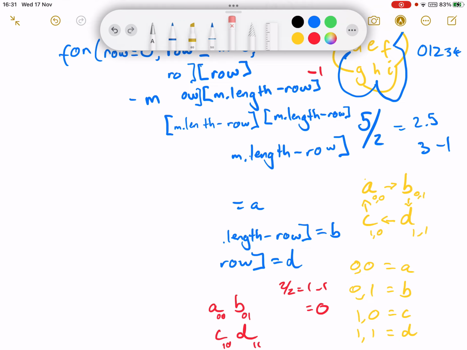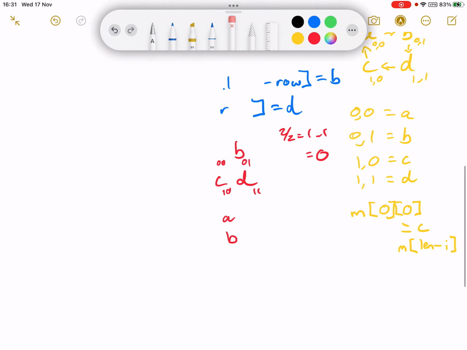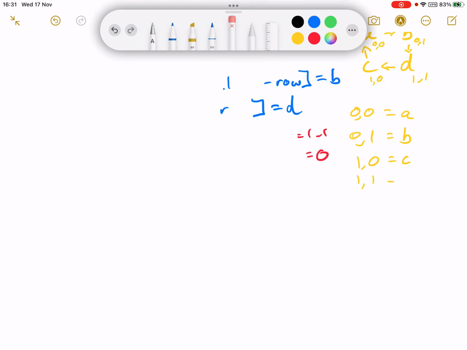So, do you see what I'm trying to do? There are only 4 points I care about in each loop up to the midpoint. Otherwise, I'm just going to be rotating twice instead of once. No, thrice instead of once.